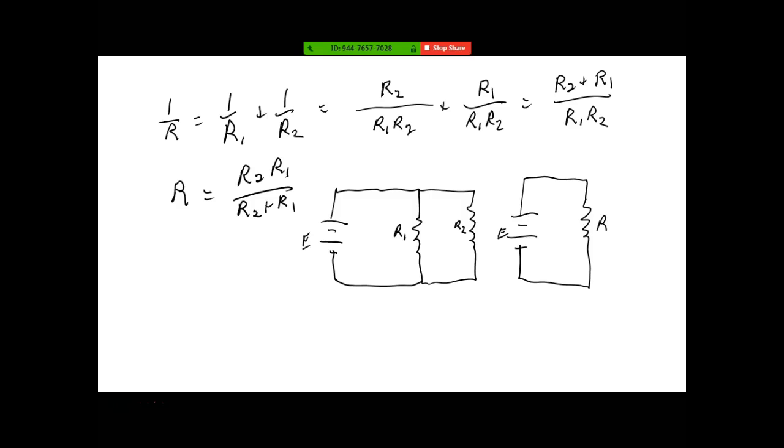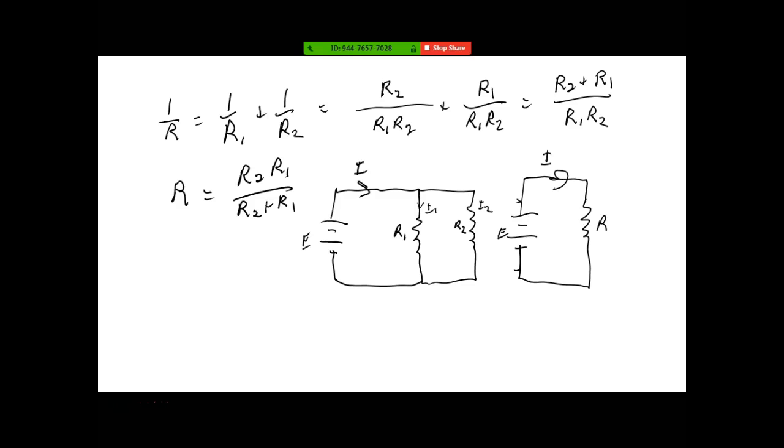Because you've got the same current flowing through here, I and I. Part of this current goes to I1, and part of this goes to I2. If that was one resistor here, you'd have more current going through the same resistor to give you the same voltage, so that means the resistor has to be less, because of the inverse relationship.